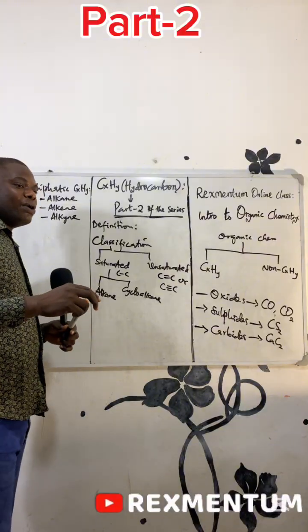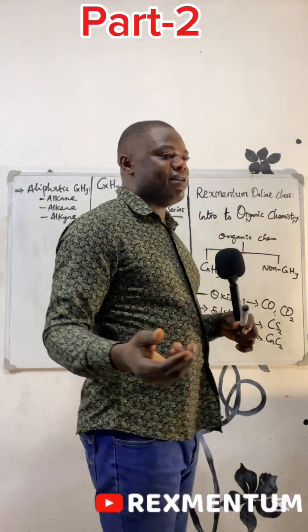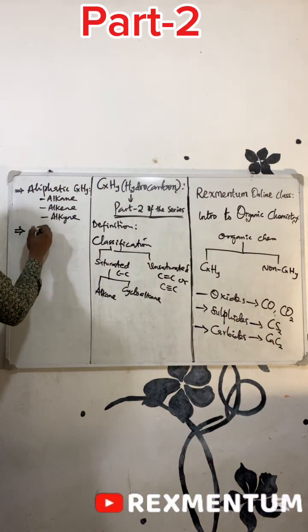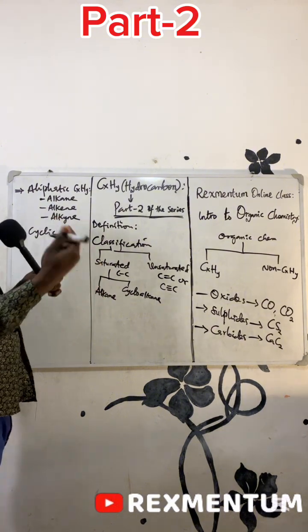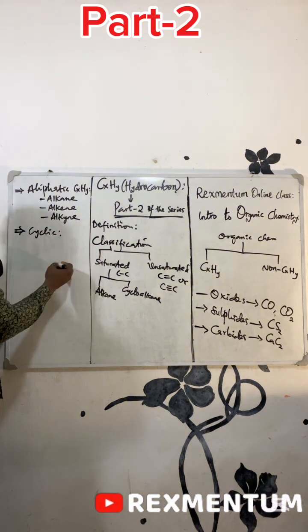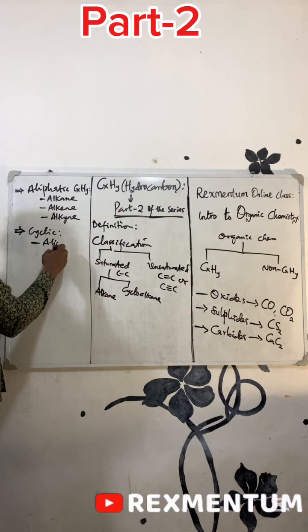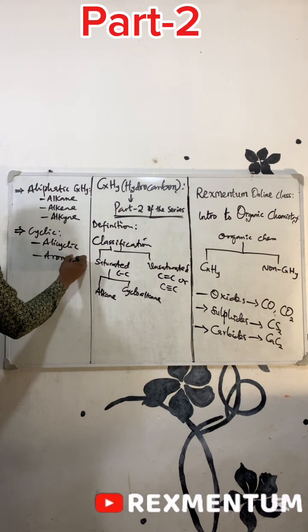Then we also have what you call cyclic hydrocarbon. Of course, cyclic can take different forms. Under cyclic are those where the carbon chain forms a ring. Yes, they form a ring. Under cyclic, they are going to be considered in different forms, like alicyclic and aromatic.